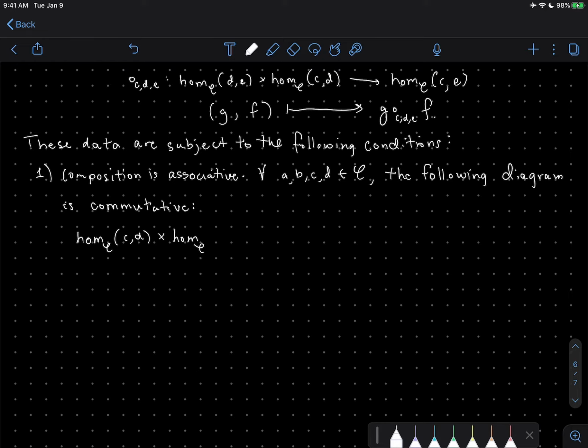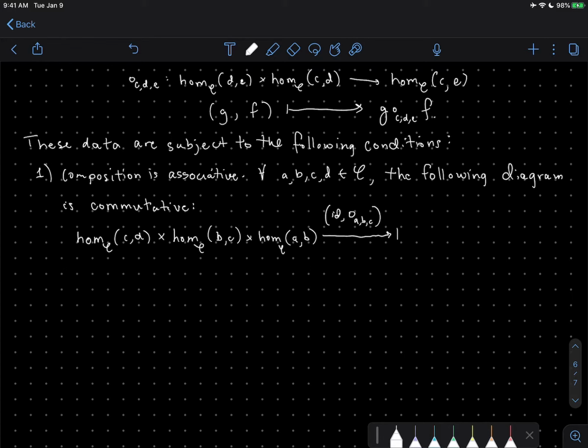Now there's one operation that we can do. We can compose the first 2 morphisms, and that will give us a map called identity, comma, circ sub A, B, C. And let me try and make this neat, but it's going to be a little bit tricky for me to draw.